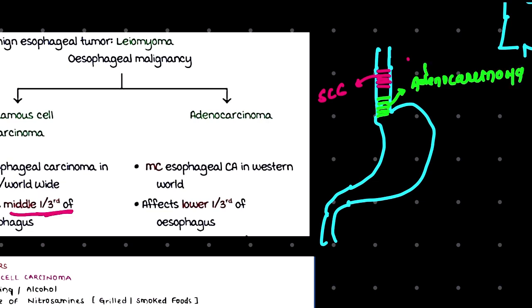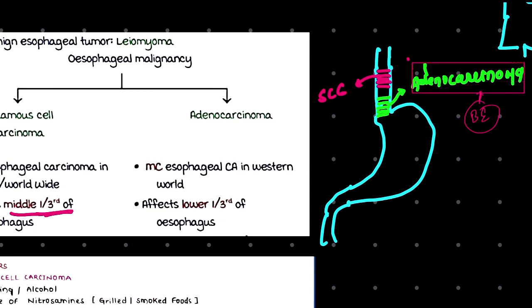Okay, if you have gone through our previous lecture about achalasia cardia and Barrett esophagus, you will find that Barrett esophagus was a risk factor for causing adenocarcinoma, right?